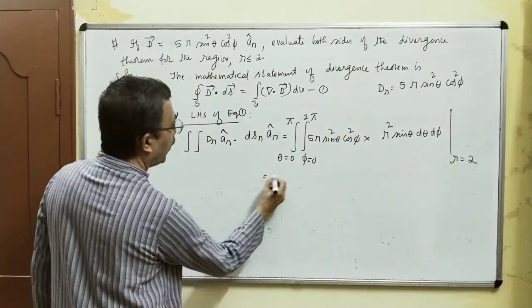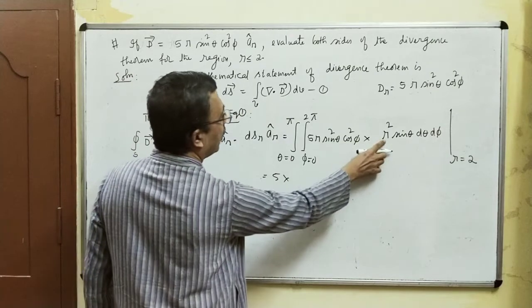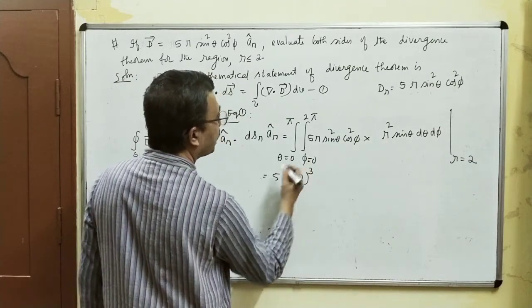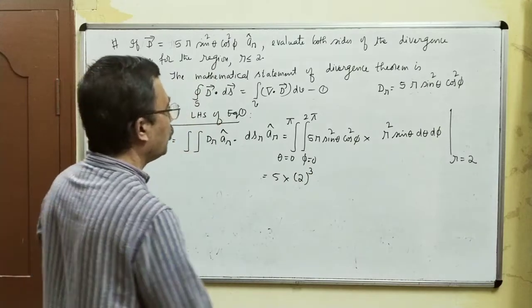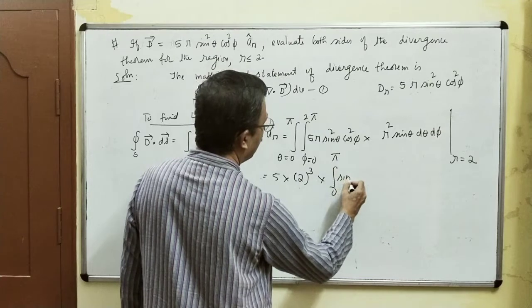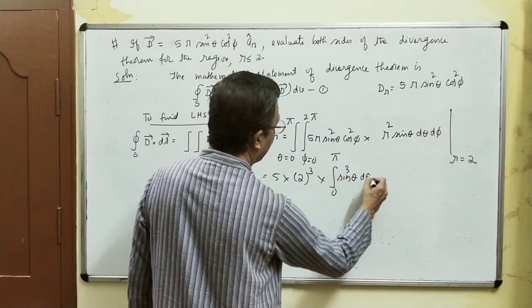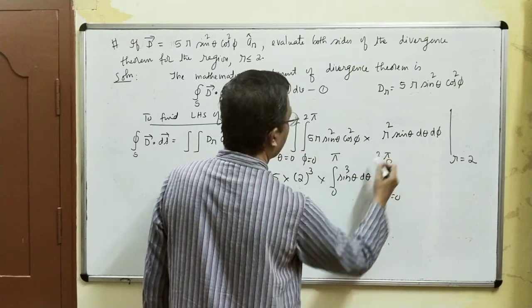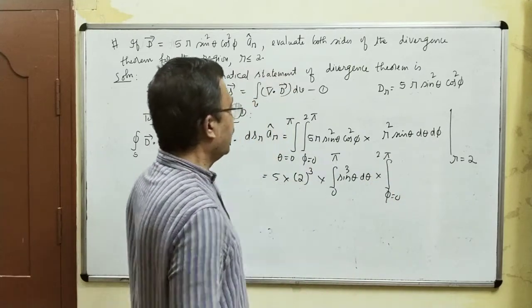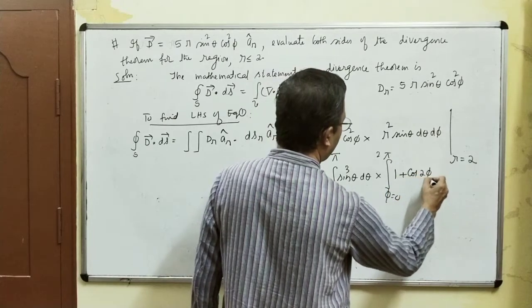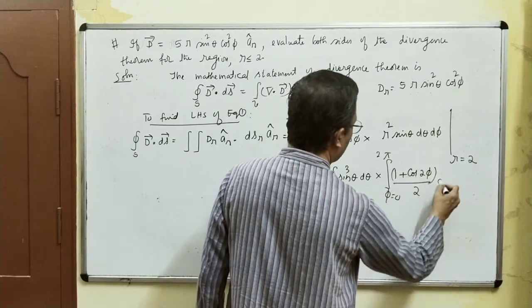So, you get 5 into r times r square is r cube. If you put 2, you get 2 cube. Integral 0 to pi sin cube theta d theta, integration phi equal to 0 to 2 pi cos square phi, where cos square phi is 1 plus cos 2 phi divided by 2, d phi.